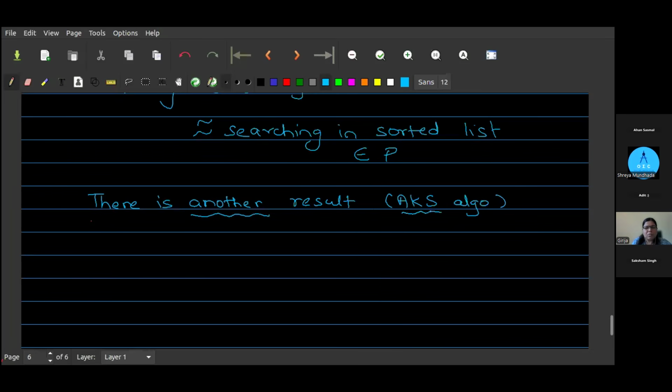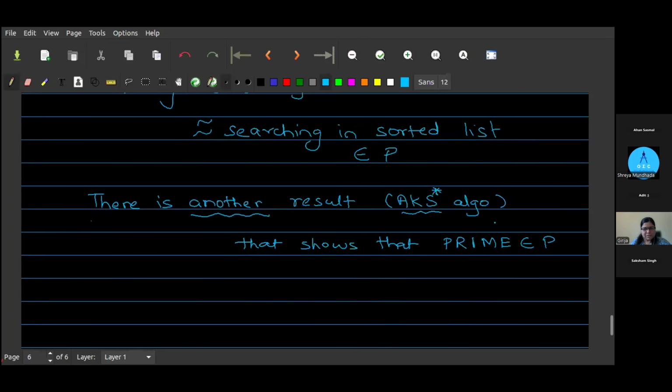This is a short form of the names of the three people who invented this. One of them is Nitin Saxena, who is a faculty at IIT Kanpur right now. So there is another result that shows that prime is in P actually.